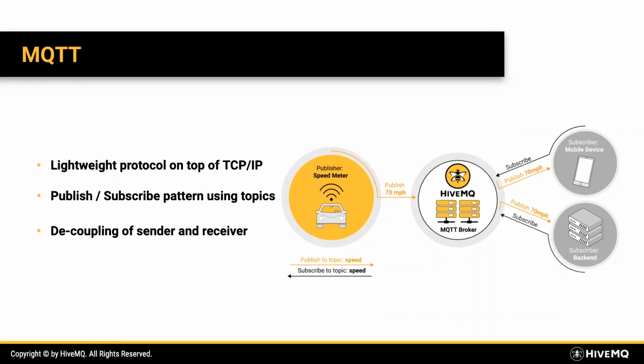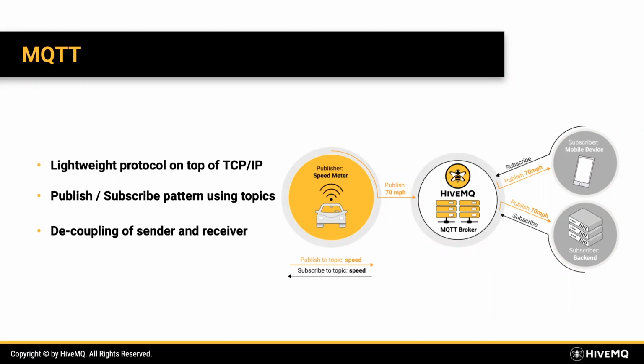That means if you have a client, an IoT device, let's say here in this example it is a car, that wants to publish data to, let's say, a backend service, then the client connects to the MQTT broker, which is the central messaging component here, and publishes the data with a specific topic to this broker. And the broker takes care of the communication to all the other devices that are interested in this topic. So the other devices can subscribe to this topic and then get the data published to them.